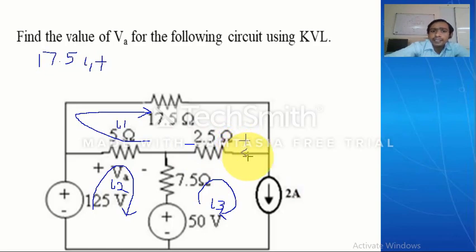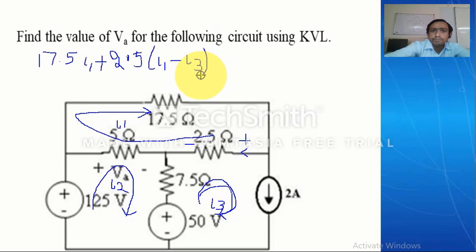So what is the current in 2.5 ohm resistance? It is already seen from here. It is I1 going in this loop and I3 in just reverse direction in this loop. So current in 2.5 ohm resistor is I1 minus I3. So I can write it as 2.5 into I1 minus I3, plus there is one more element, that is a 5 ohm resistor.